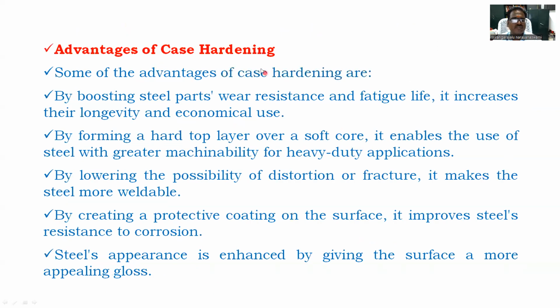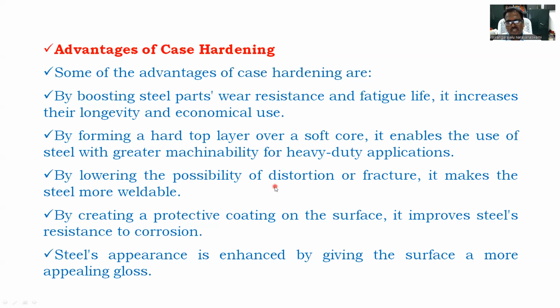So, advantages of case hardening. Some of the advantages of case hardening are boosting steel parts' wear resistance and fatigue life. It increases their longevity and economical use. By forming a hard top layer over a soft core, it enables the use of steel with greater machinability for heavy duty applications.